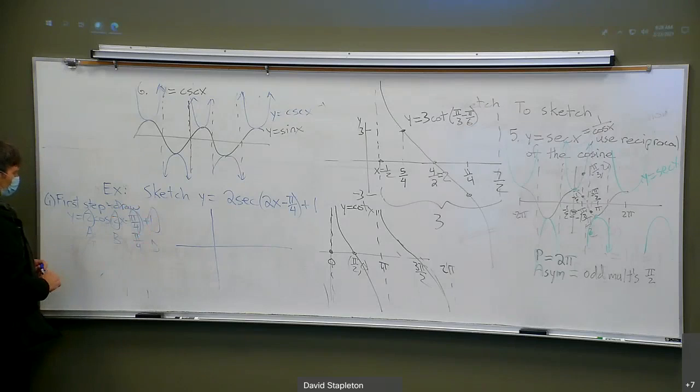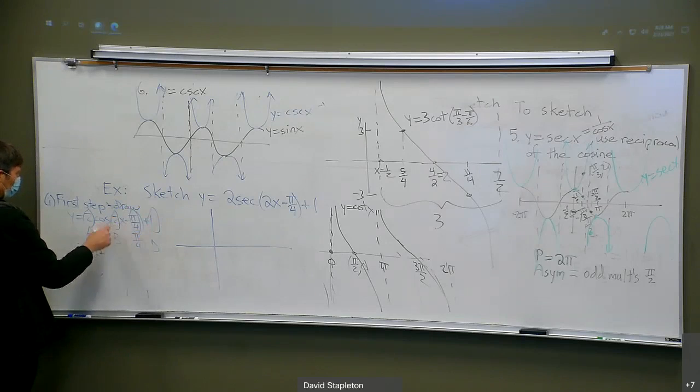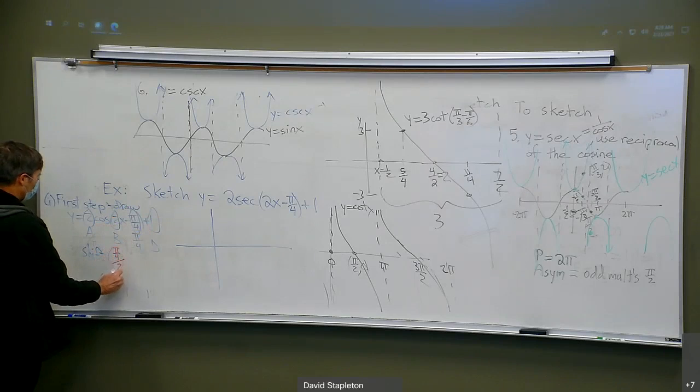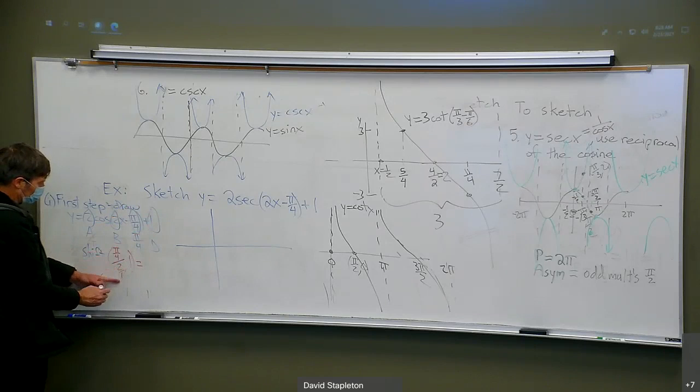So I take my shift point, c over b, pi over 4 over 2, d, 1. And now these reinforce, right? Think of 2 as 2 over 1. It's top times bottom over middle times middle.